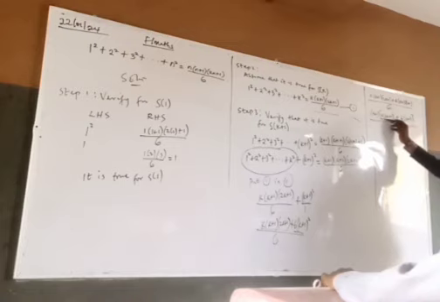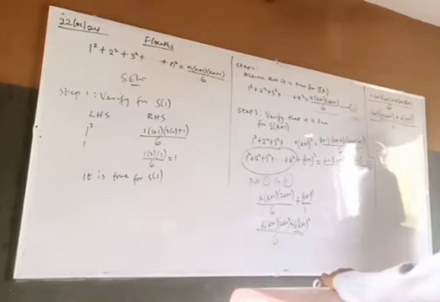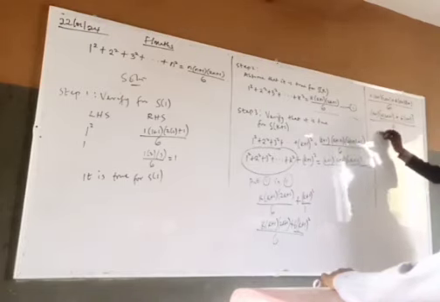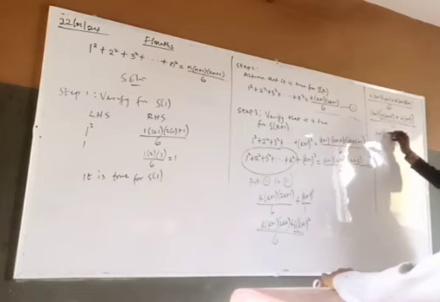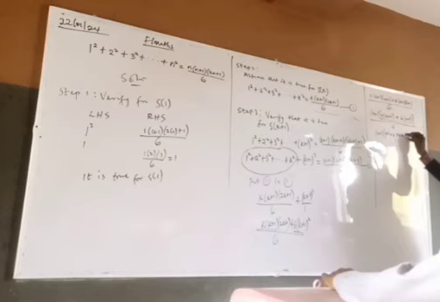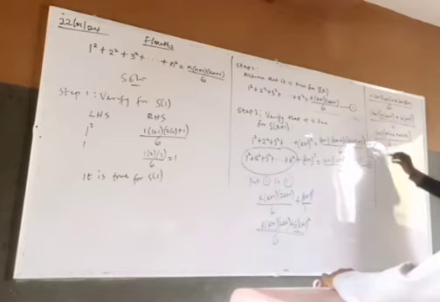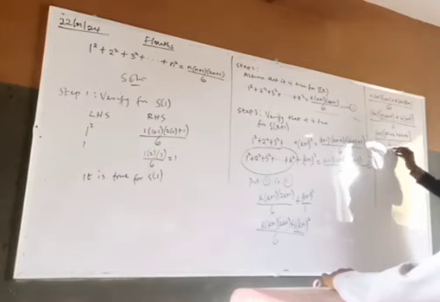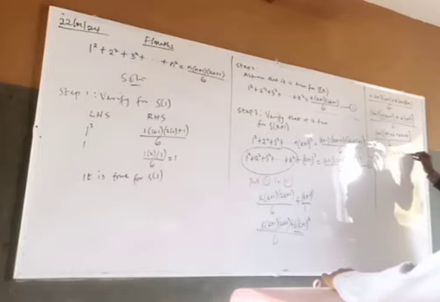So I'm going to expand this one inside because there's nothing common in it. So I have k plus 1, 2k squared plus k plus 6k plus 6, everything over 6. So I have k plus 1, 2k squared plus 7k plus 6, everything over 6.